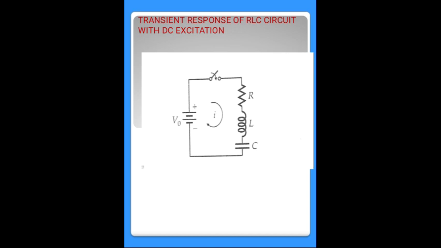When the switch is open, current in the circuit is equal to 0 ampere because the circuit is open, there is no closed path. But at t is equal to 0 plus, when the switch is closed, there is a flow of current, due to which there is voltage across each element, which can be written by KVL.